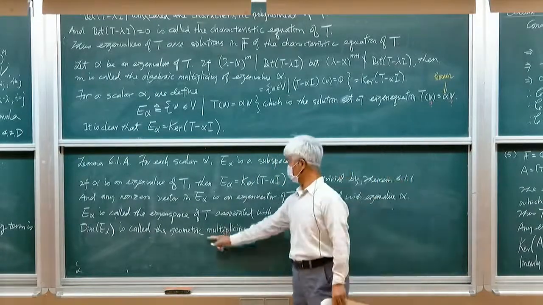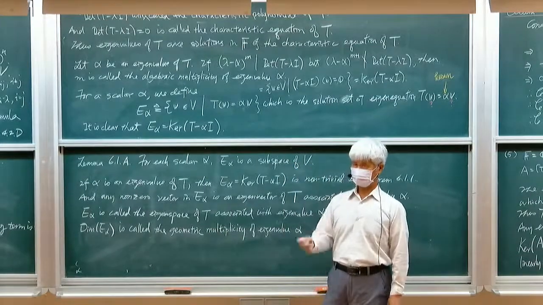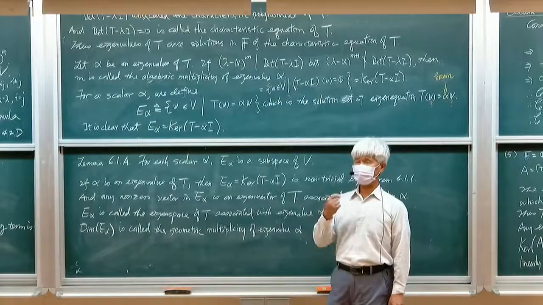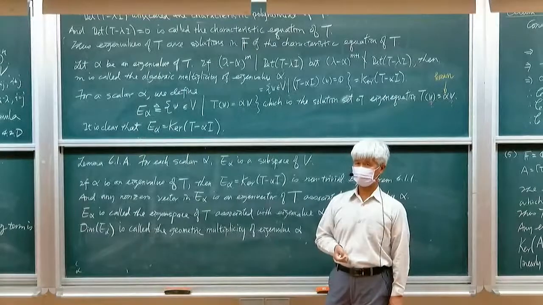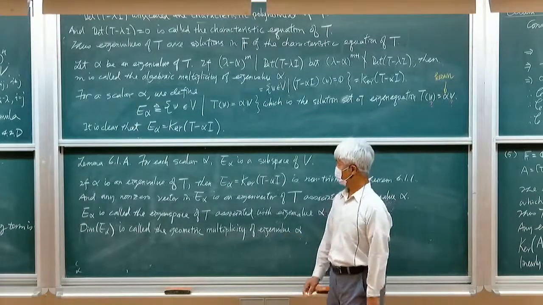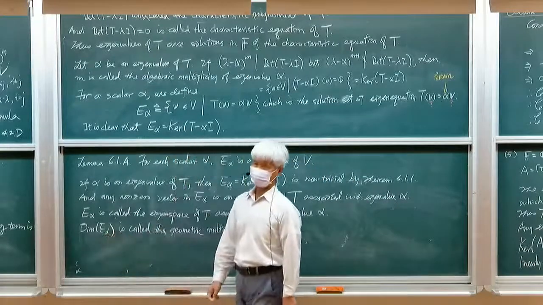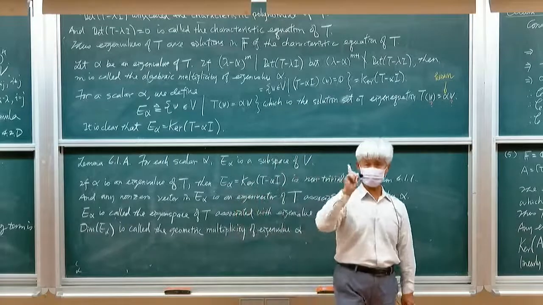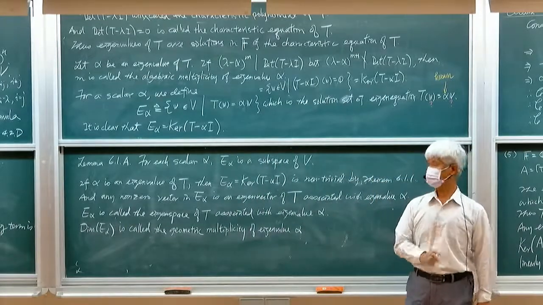So geometric multiplicity means the maximum number of independent eigenvectors we can find associated with the same eigenvalue alpha. If the dimension of the eigenspace E alpha is 1, then we can only find one vector to form a linearly independent set.